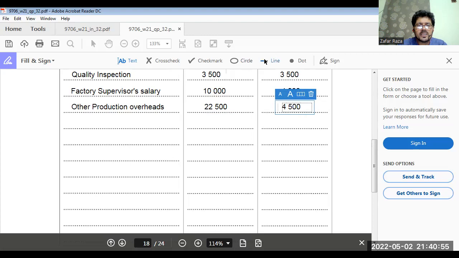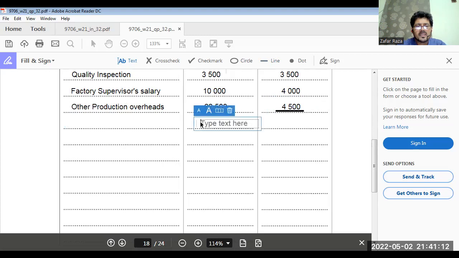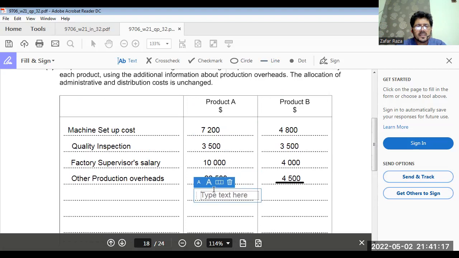Now we'll take the total overhead cost for both the products. That would be 7,200 plus 3,500 plus 10,000 plus 22,500, 43,200.